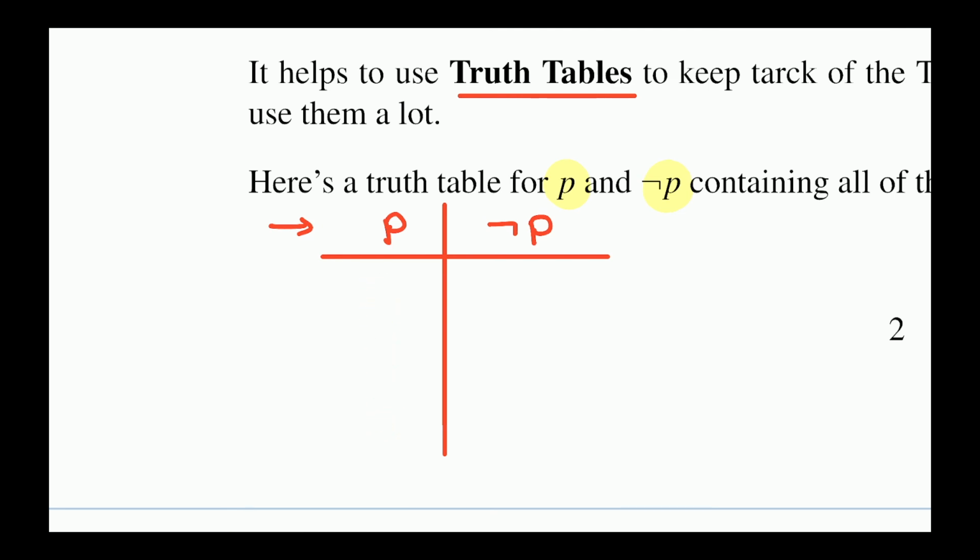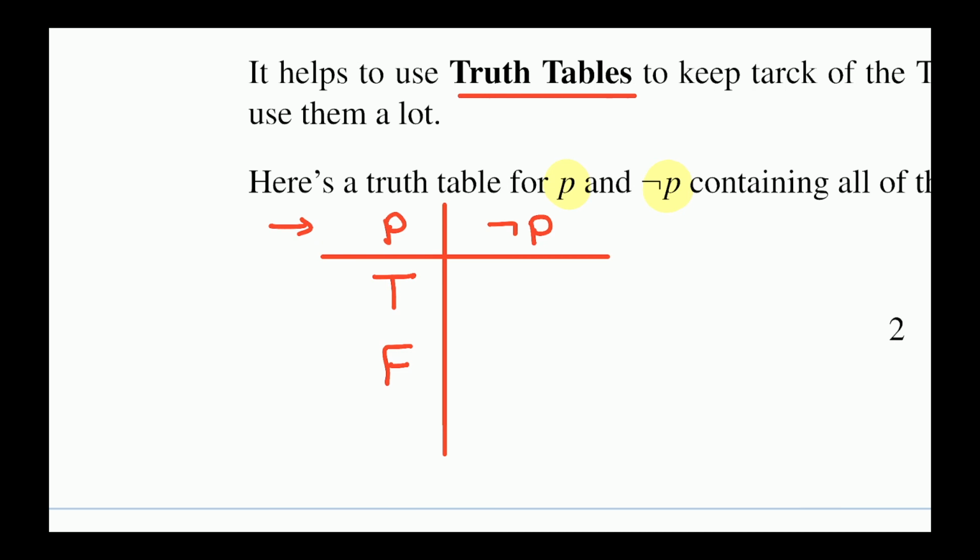And so you just label those. The way I would label those is, what are the truth values that P could possibly have? The truth values that P could have are true or false. So you put them right there.